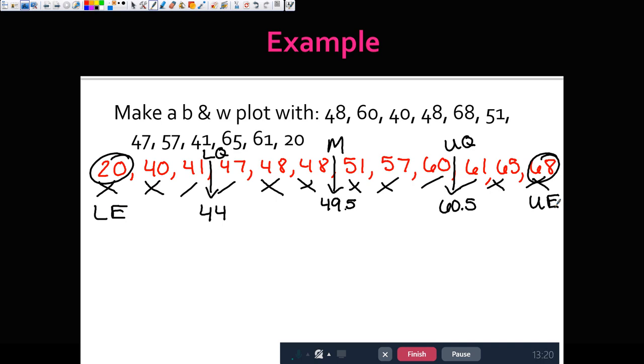I'm going to go by 5s, so I can include the data in between, starting at 20. But you could probably go by 10s if you wanted to.